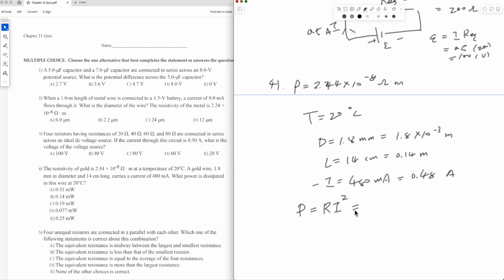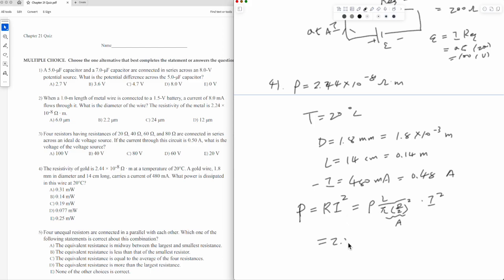If you know the current, then you're looking for resistance. So what is resistance? Resistance equals rho L over A, and A is pi times (d over 2) squared. So this is A, then times I squared. Everything's known here.